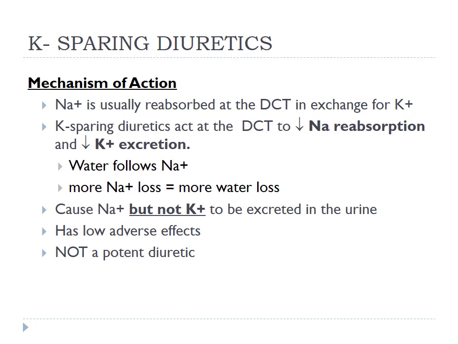Potassium sparing diuretics act on the distal collecting tubule to reduce sodium reabsorption and reduce sodium excretion. Normally sodium is brought back in in the distal collecting tubule, in exchange for potassium, and potassium goes out.